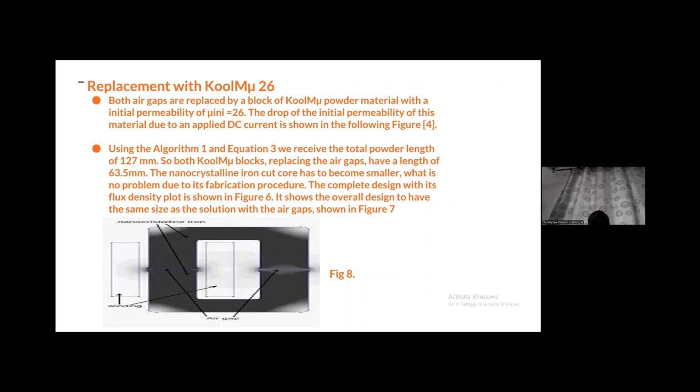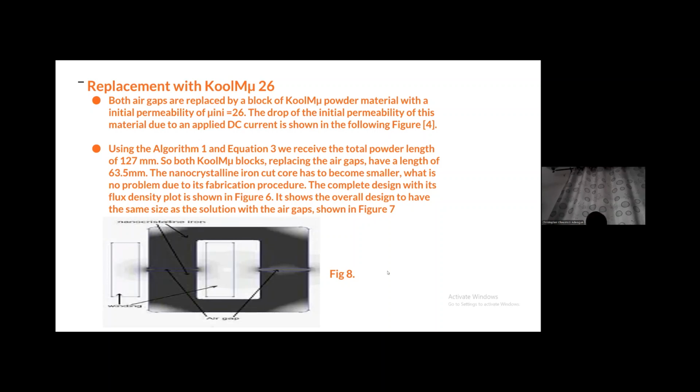We can also see the nanocrystalline core, the winding, and both air gaps. We know that the replacement is done using the Sendust material, and the nanocrystalline cut core has to be smaller.